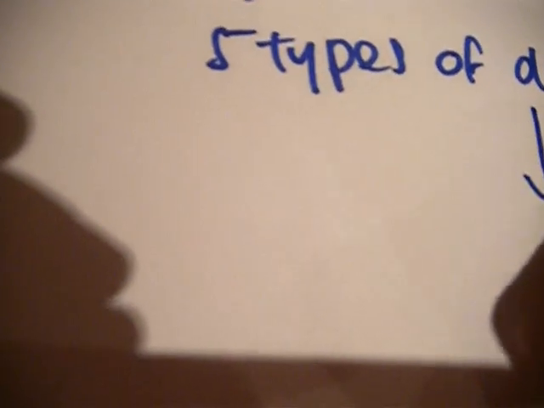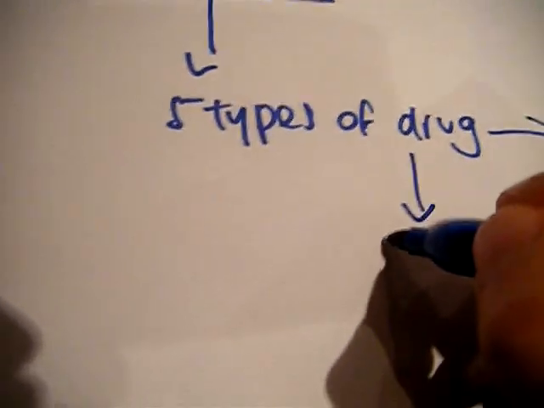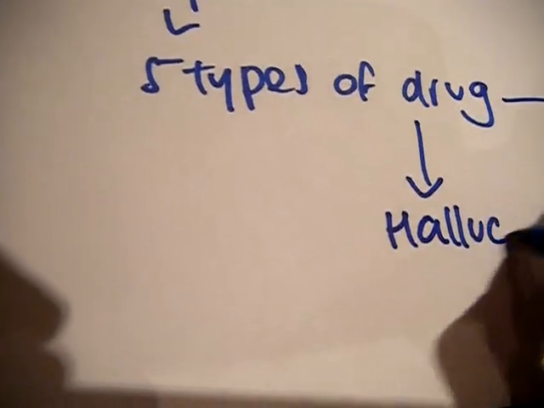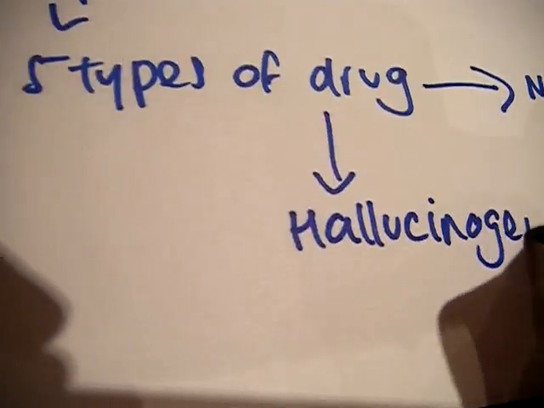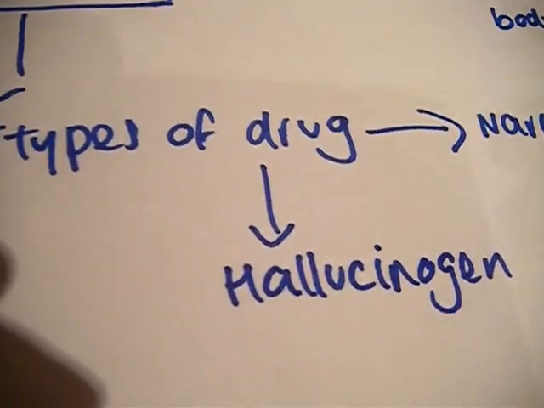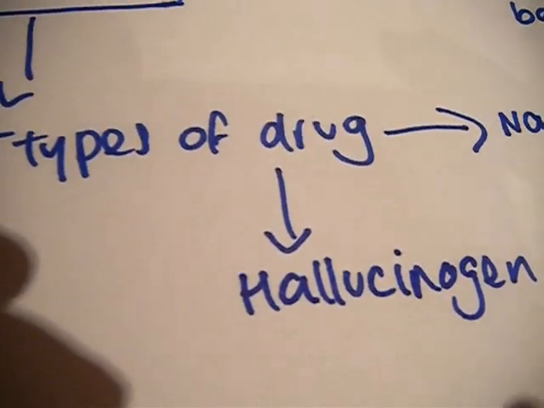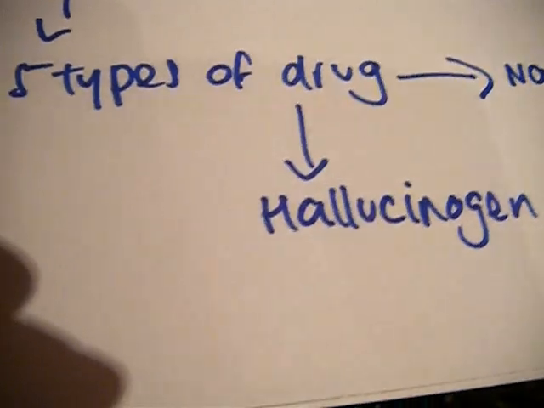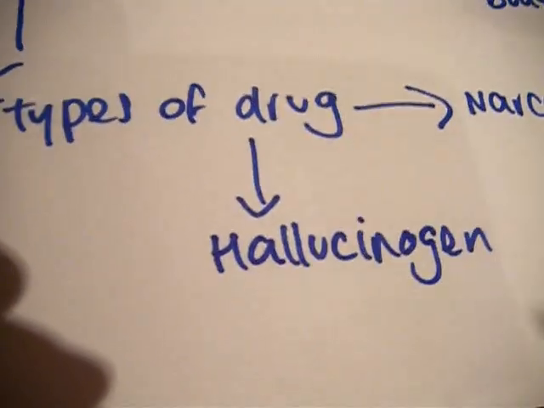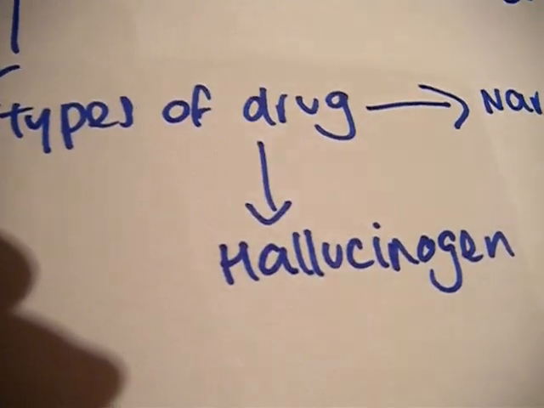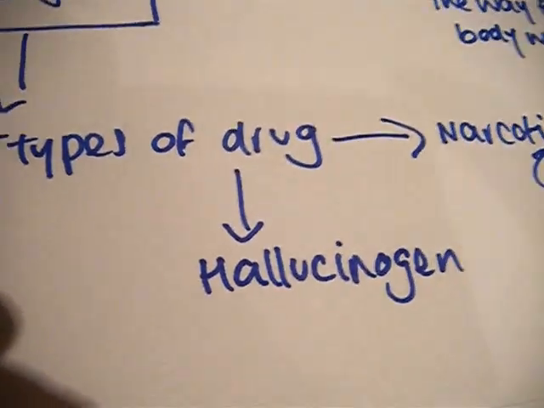Next one is hallucinogen. Remember, a hallucinogen was found by Albert Hofmann in 1938. You don't need to know all that. All you need to know is that a hallucinogen is a drug like magic mushrooms and LSD that make you see crazy stuff.